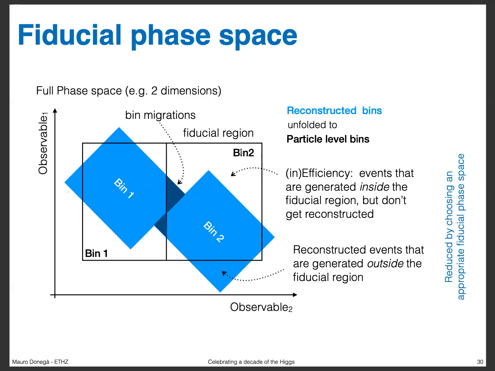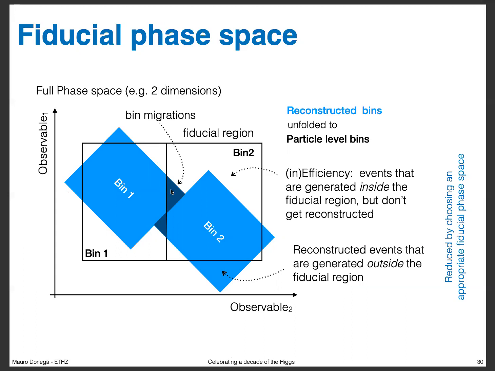Take the example of PT. If I have 0, 50, 100 GeV reconstructed, these cuts do not map one-to-one to the fiducial 0, 50, 100 GeV, simply because the measurements have resolution effects, and so you can have migrations.